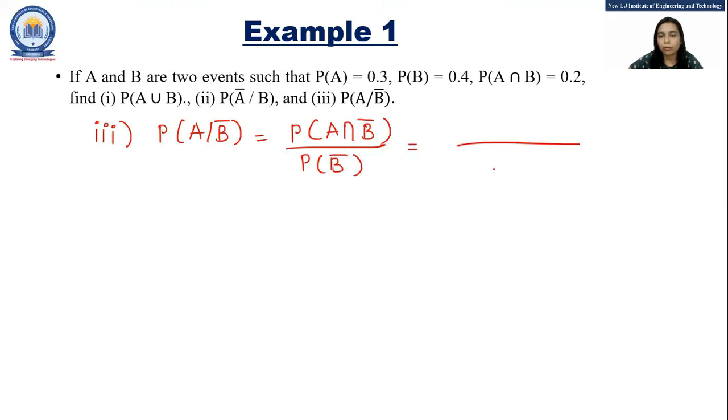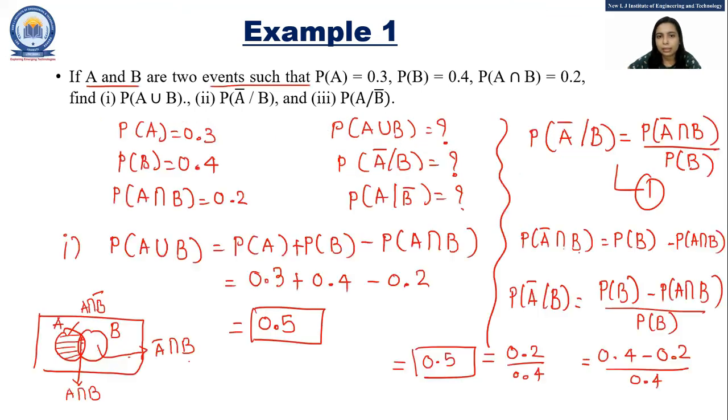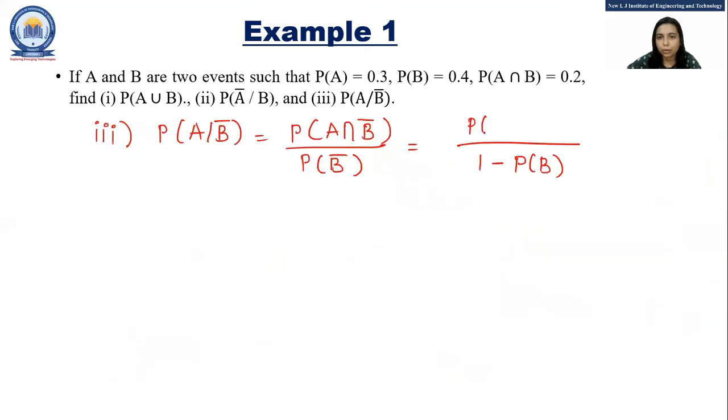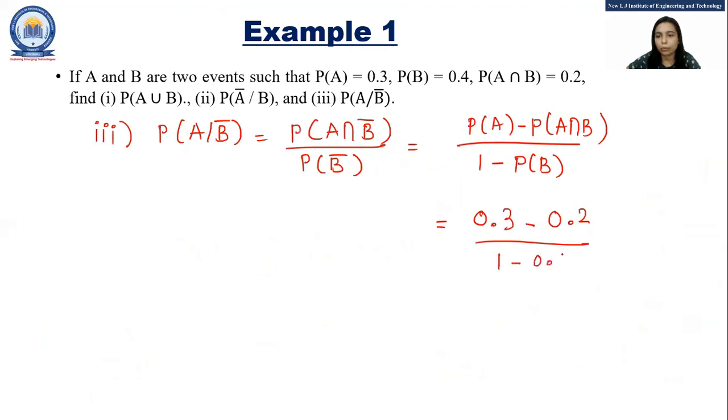Now the value of P of B bar is 1 minus P of B. The value of A intersect B bar is P of A minus P of A intersect B. The value of P of A is 0.3, P of A intersect B is 0.2, then 1 minus P of B is 0.4.